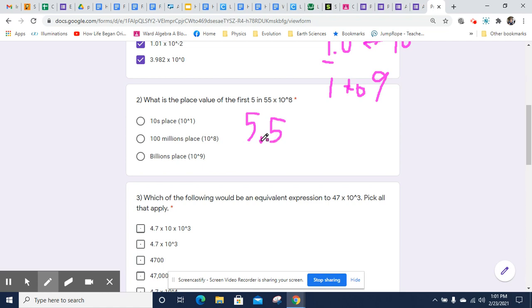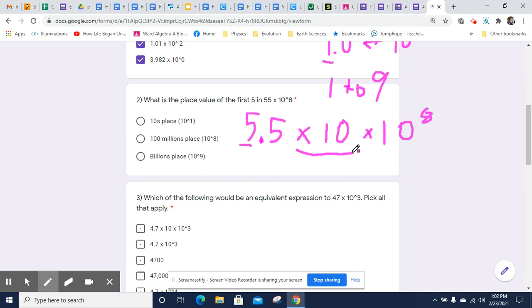we would have pinned down what the place value is. I'm going to do this in 2 steps. We're taking 55 and making it 5.5 times 10. And then over here we still have, of course, our 10 to the 8th. I'm just showing what's behind the curtain.